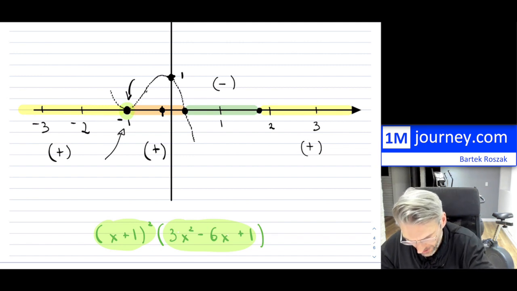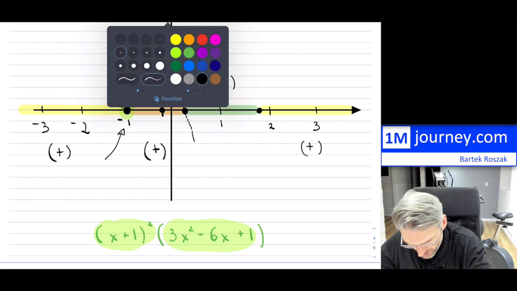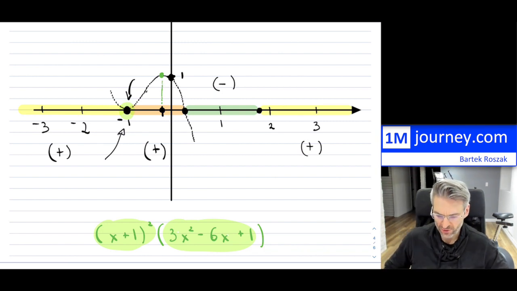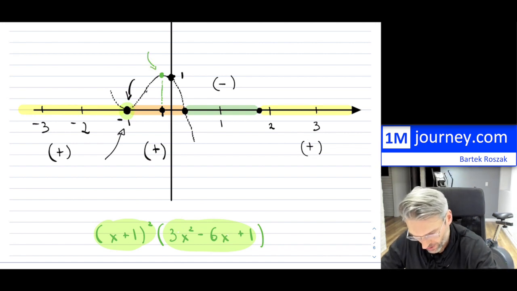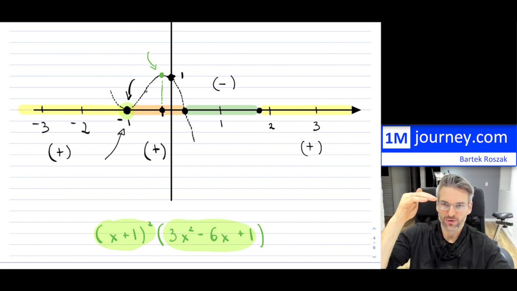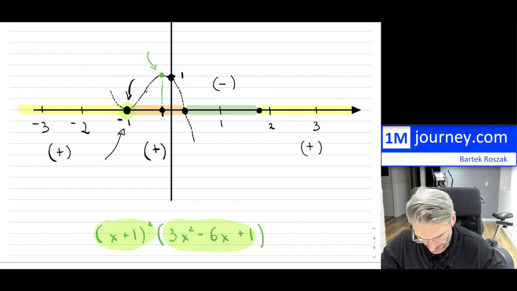Now we can find out exactly what this point is. So this peak right here, by just substituting into our equation, right? So we can find that critical point exactly. It's going to be somewhere along there. So I can do that.